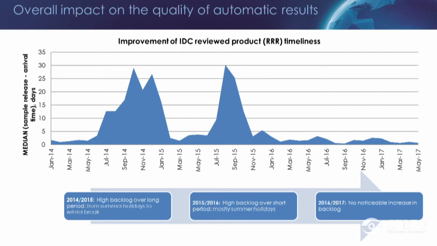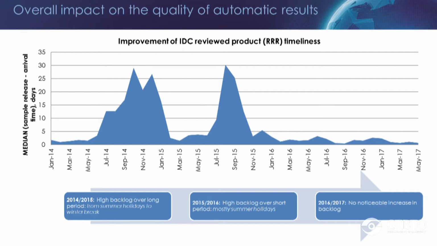This is the timeliness, which means the delay between the automatic processing and the production of the reviewed product, RRR. In 2014, we had the summer backlog overlapping with the winter backlog, which means we had almost 8 months of high backlog, up to 20 or 30 days of delay.